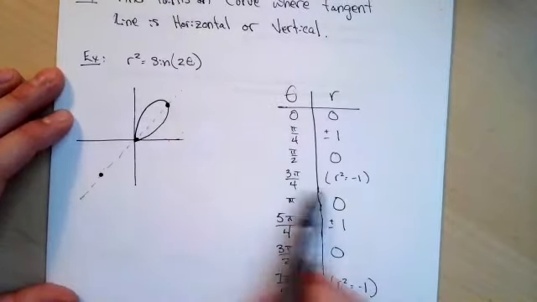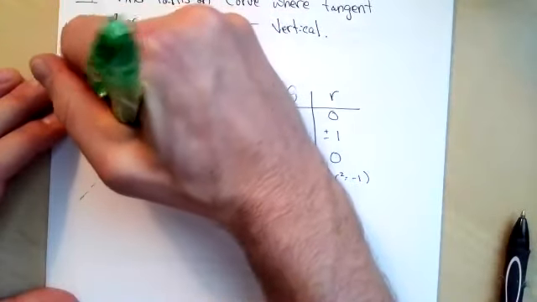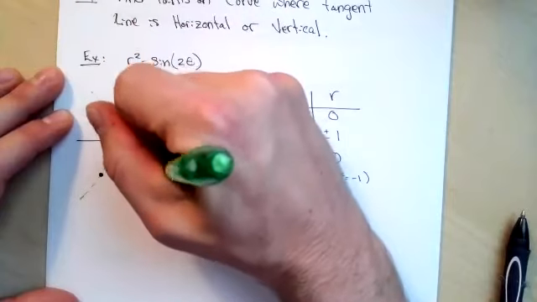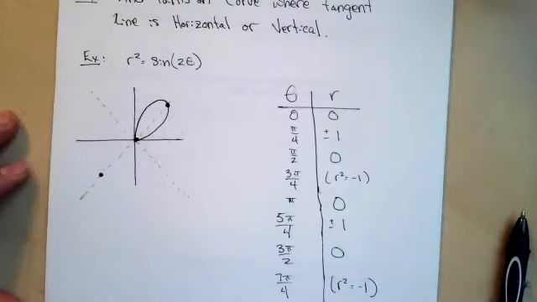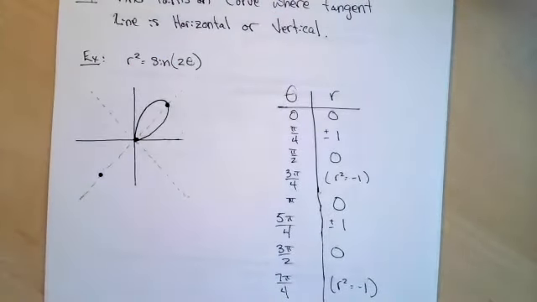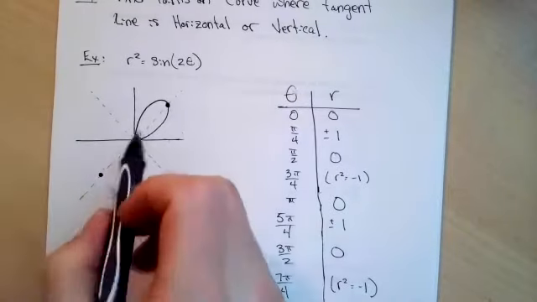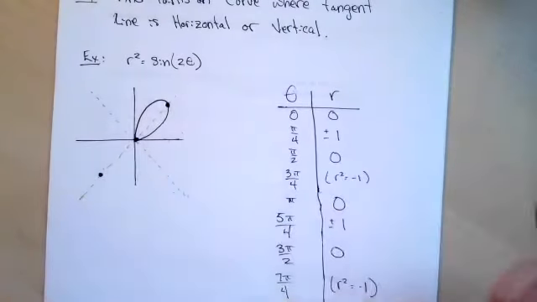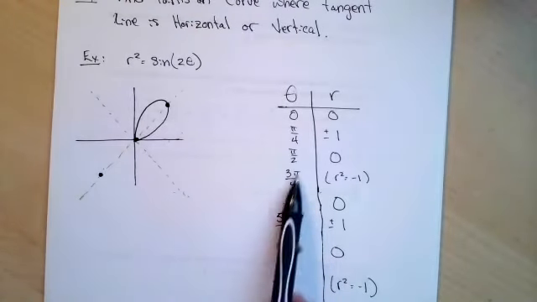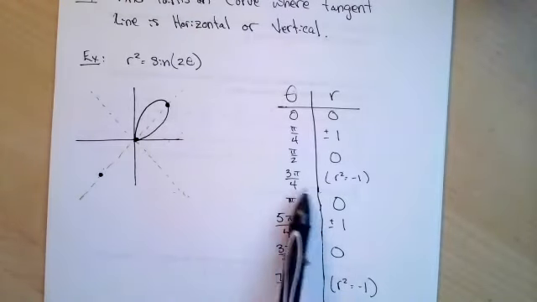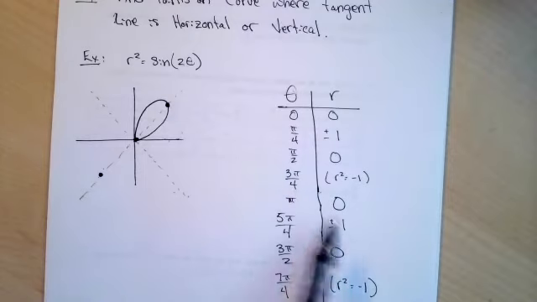At 3 pi over 4 through 7 pi over 4, we are not defined. We don't have any points, because sine will end up being negative there. So between 3 pi over 4 and pi, it's not going to work.